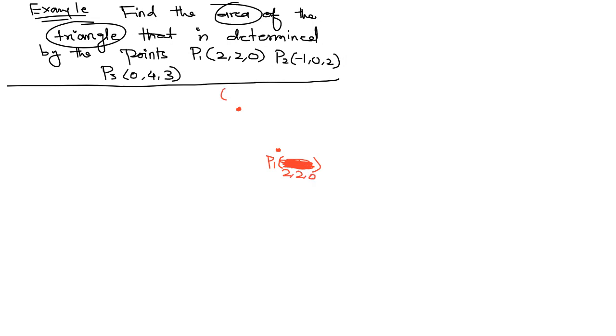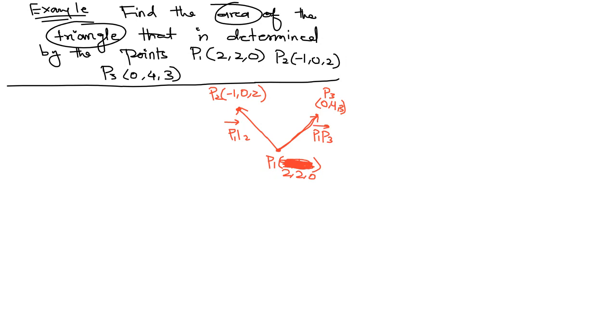The second point is -1, 0, and 2. And the third point you can write here, that is 0, 4, and 3, P3. So this is the first vector, and this one will be the second vector. This vector is P1, P2 vector, and this is the second vector, that is P1, P3 vector.